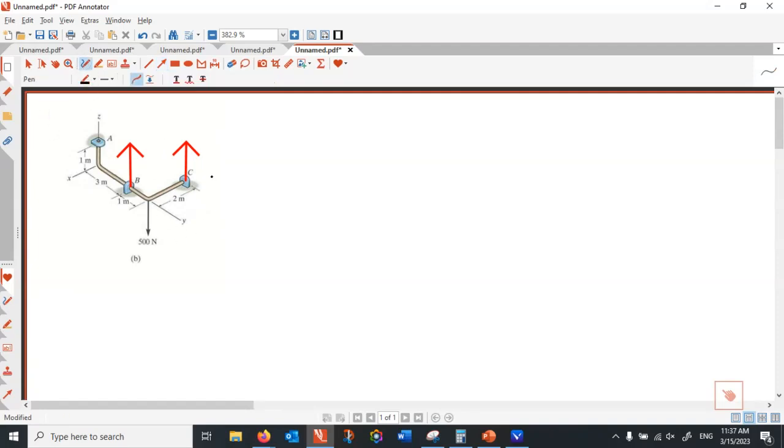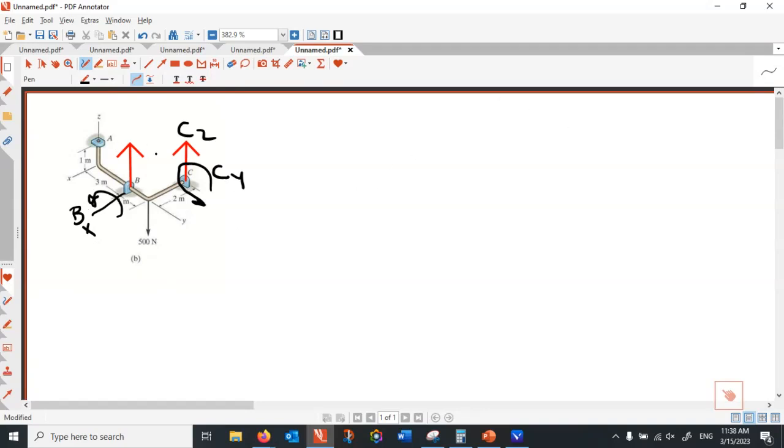So let's put the resistance about the y-axis Cy, and this is Cz. And the force 500 and B are making a rotation about the x-axis, right? For that reason, I make a resistance Bx. So that's the free body diagram.